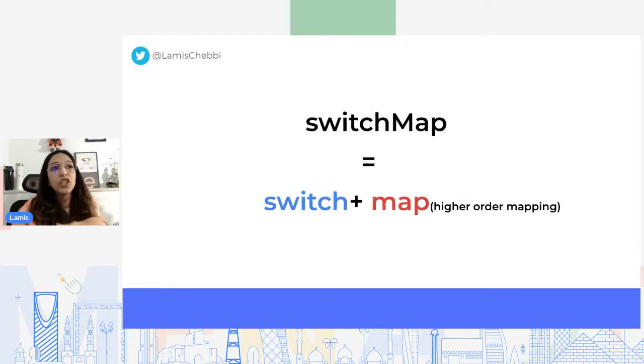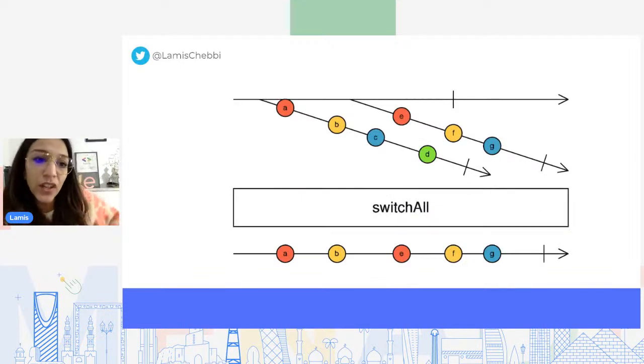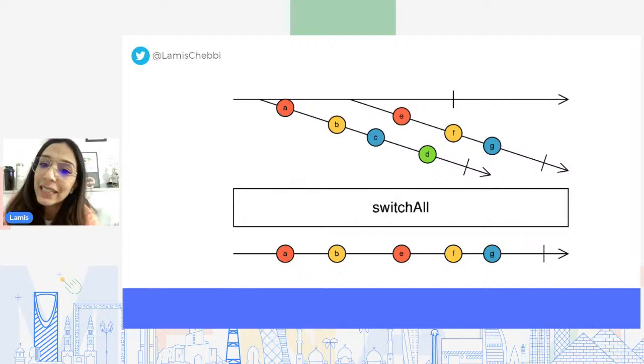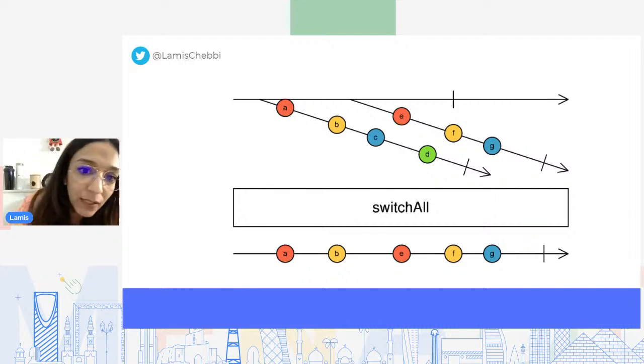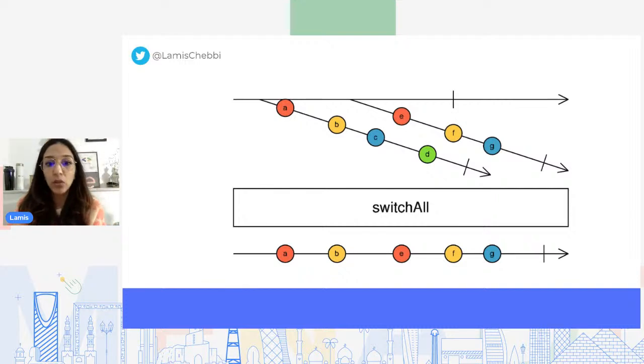Now another operator, which is the switch map. This one also is super famous, and it's the combination of the switch strategy plus the higher order mapping map. If we look at the switch strategy, here I have the marble diagram of the switch all. We can look at this marble diagram in order to understand the switch strategy.